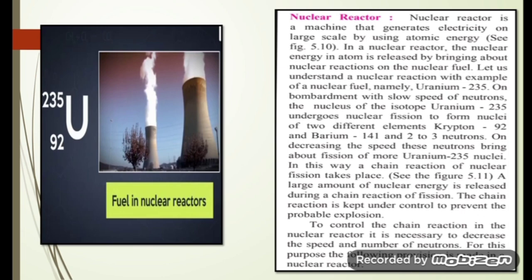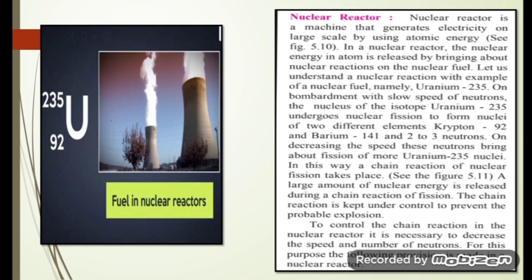On bombardment with slow-speed neutrons, the nucleus of the isotope uranium-235 undergoes nuclear fission to form nuclei of two different elements, that is krypton-92 and barium-141, and 2 to 3 neutrons.